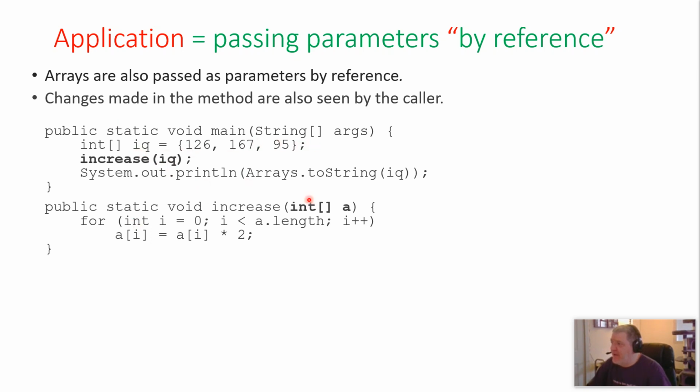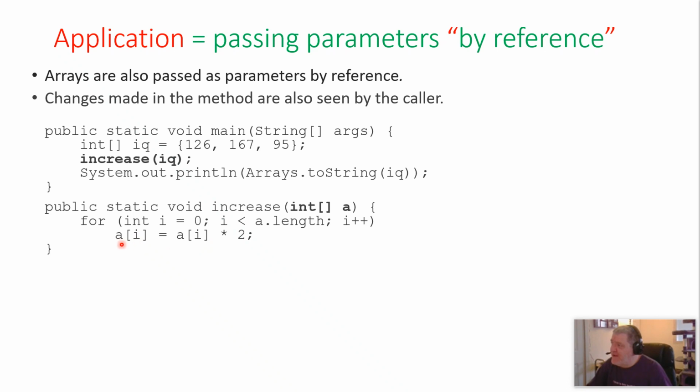Now, because my method has a reference to an array object, and it decides to call it parameter A, okay, it can use a loop, query using the A reference variable the length of the actual array being referred to by A, then iterate over it, index from 0 to the size minus 1, and take the value inside the array at index I, multiply it by 2, and replace it with this new value.